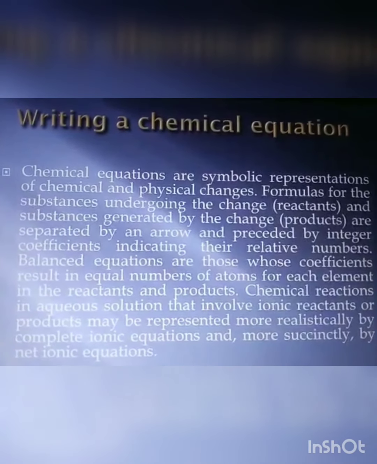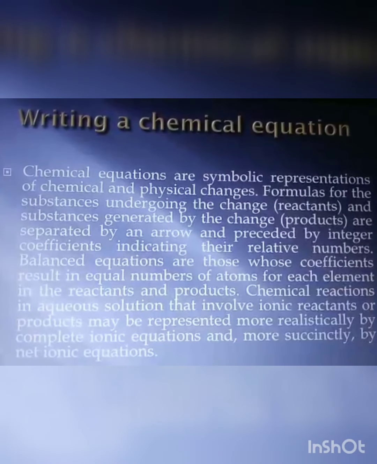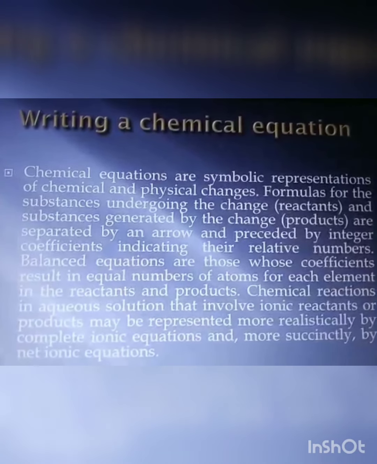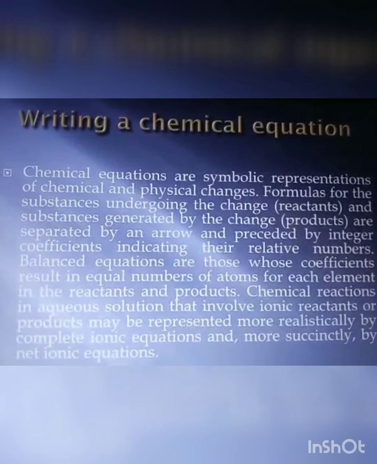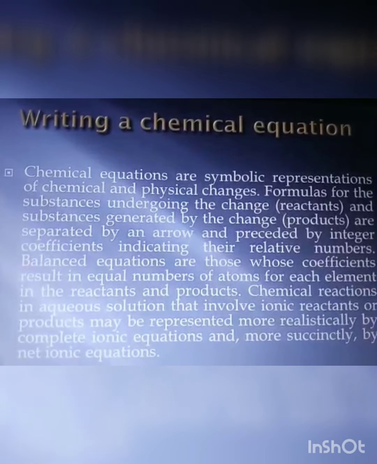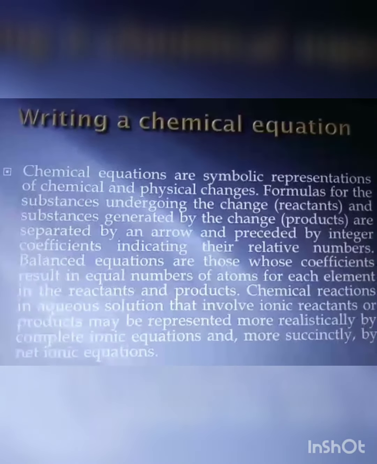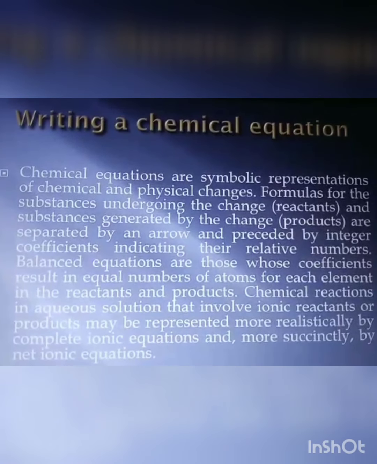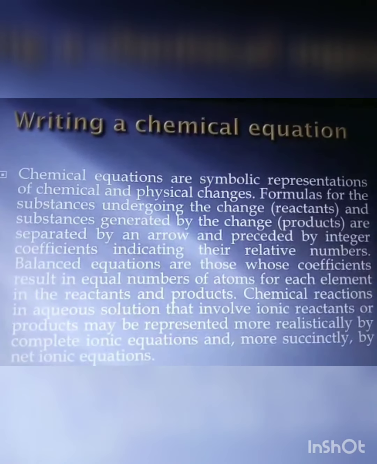If we recall the formulas of magnesium, oxygen and magnesium oxide, the above word equation means magnesium plus oxygen gives magnesium oxide. If we write the names of the elements or compounds, that is a word equation. But if we write their symbolic representation or formulas, that is their symbol form.